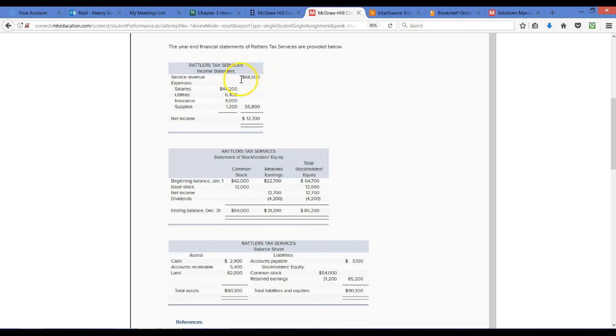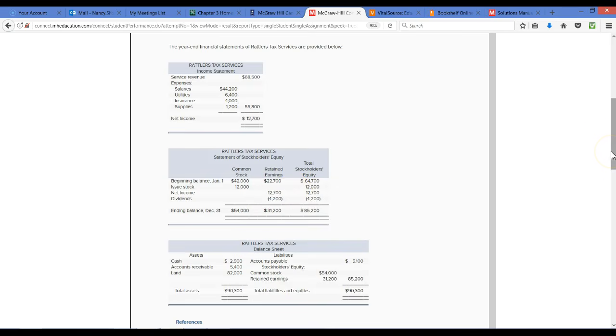Revenues have a normal credit balance, so to close them out, we're going to have to debit them. Expense accounts have a normal debit balance, so to close them out, we're going to need to credit them. Dividends have a normal debit balance, so to close them out, we're going to need to credit them.